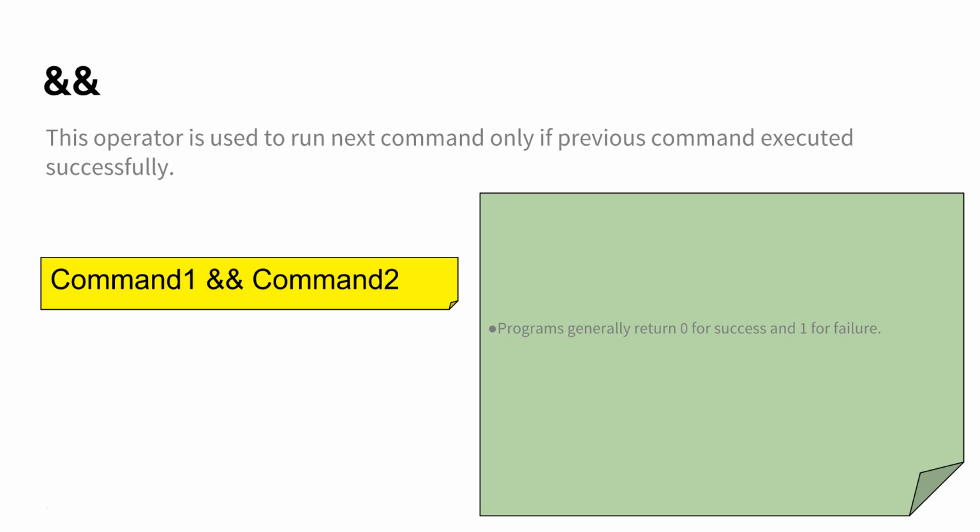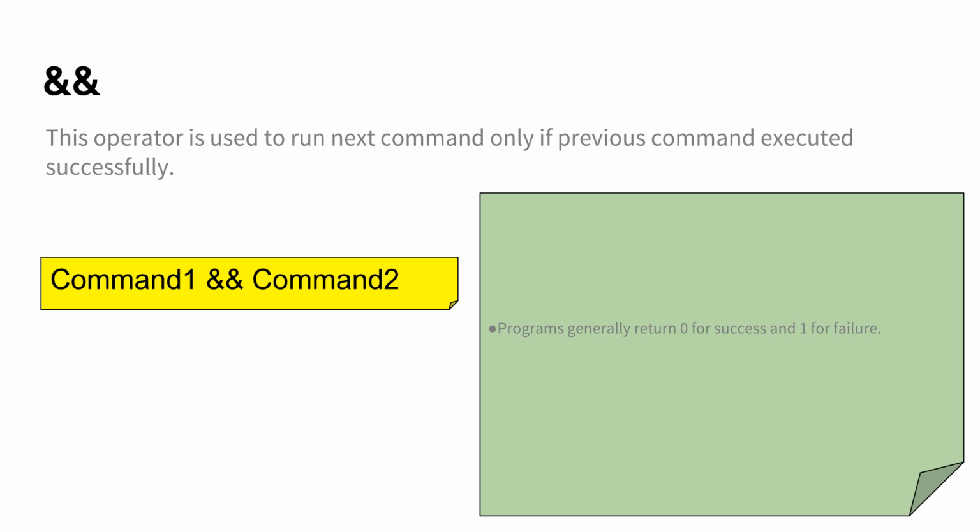Otherwise, we are not going to run it. Programs in general return 0 for success and 1 for failure, or anything other than 0 is actually a failure, I guess. So try it out. This is one of the things that is used very well.